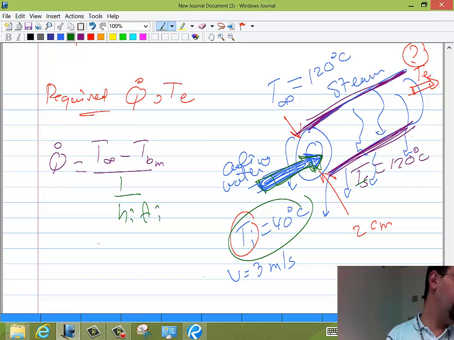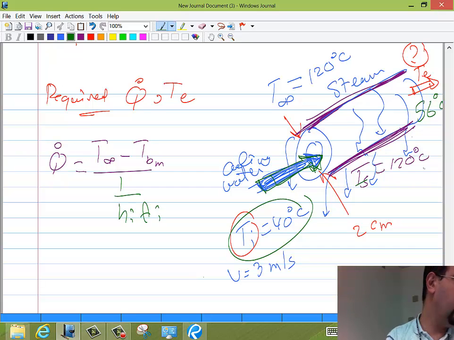In this problem, the T exit will end up being 56. That's the solution. So if you assume something between 40 and 56, you will have a head start in the problem. If you make it closer to 40, like 45, you may have to do it again.